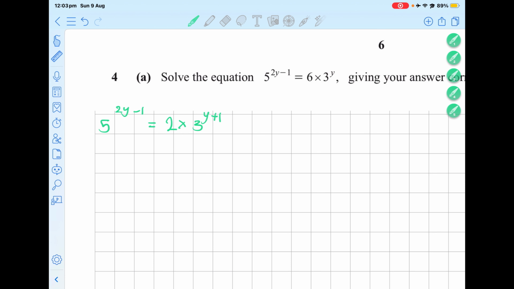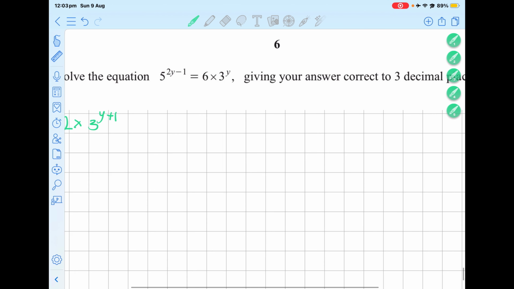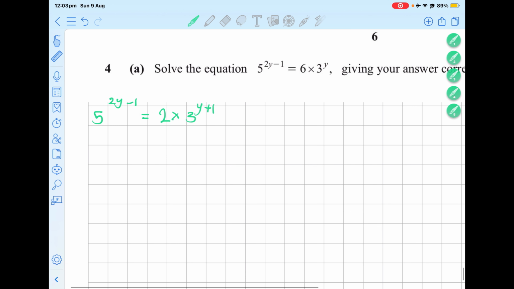Well, if you watch closely, we know that 5 into 2, so we have two different bases. So you could try and graph it out, but you surely must think that there must be any other way. Well, why don't we try taking log 5 of this entire thing?